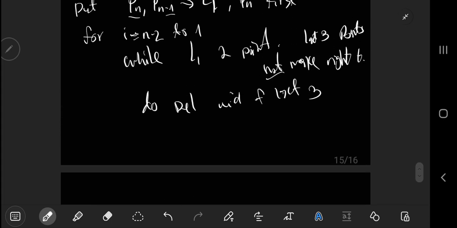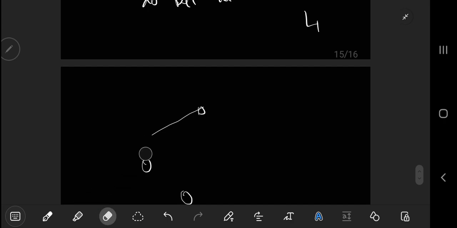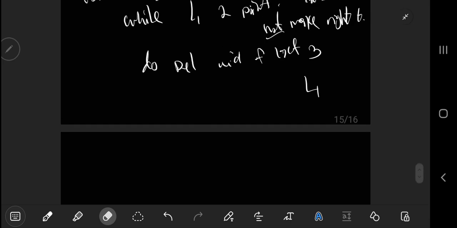So this way we built the L lower, and now what we can do is prevent the first point and the last point in L lower and L upper from being duplicated, because remember that L upper starts with P1 and ends with Pn, and L lower starts with Pn and ends with P1, so we have an overlap. So we remove P1 and Pn from one of them, let's say from L lower.